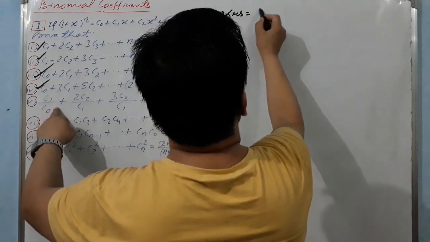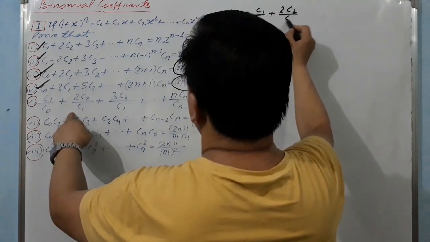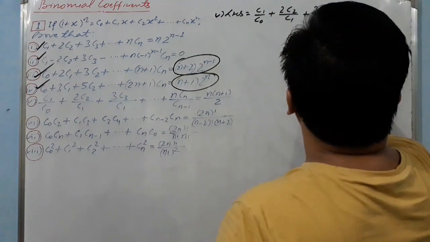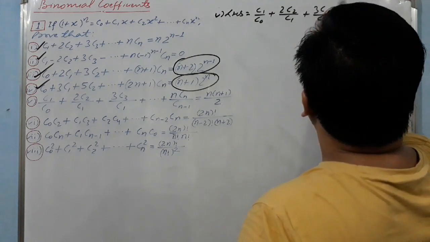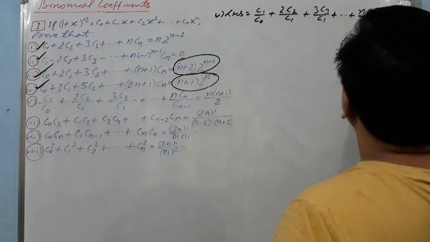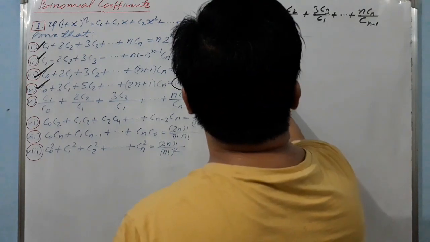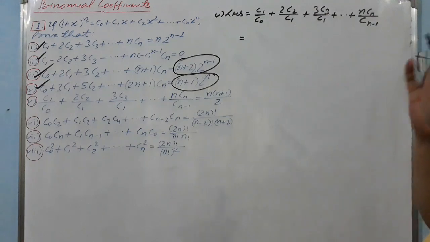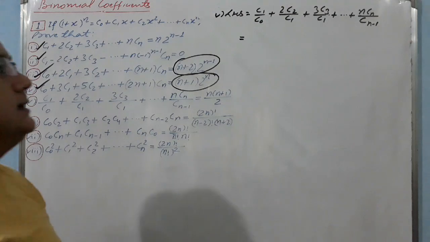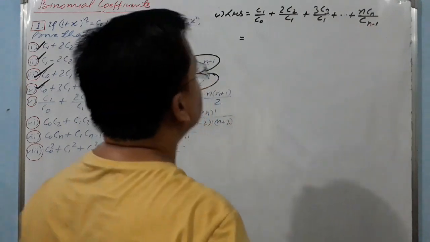Left hand side is C1 over C0 plus 2 times C2 over C1 plus 3 times C3 over C2, dot dot plus n times Cn over Cn minus 1, is equal to. Now, as we have done in the earlier question, here also we need to use the formula in each and every term.